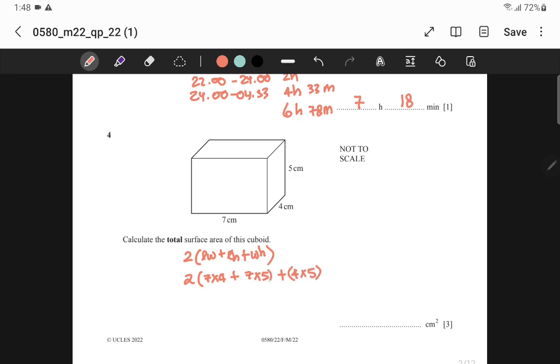Like this one, this one, this one, this one, this one, this one, and this one. So 2 times 28 plus 35 plus 20. So 28 plus 35 plus 20 will be equal to what? And then times it by 2, 166.